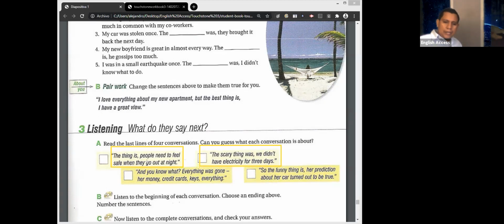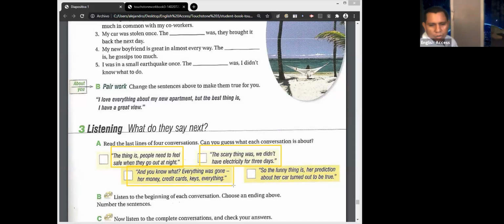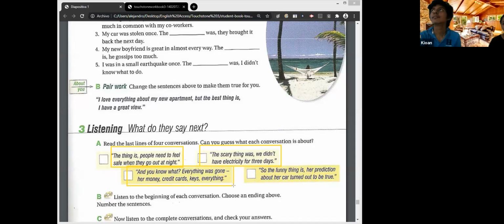Now, Marco, can you read this, please? "The scary thing was... And you know what? Everything was gone.